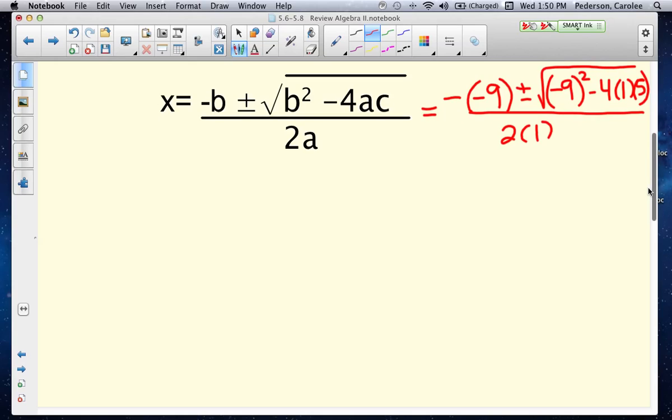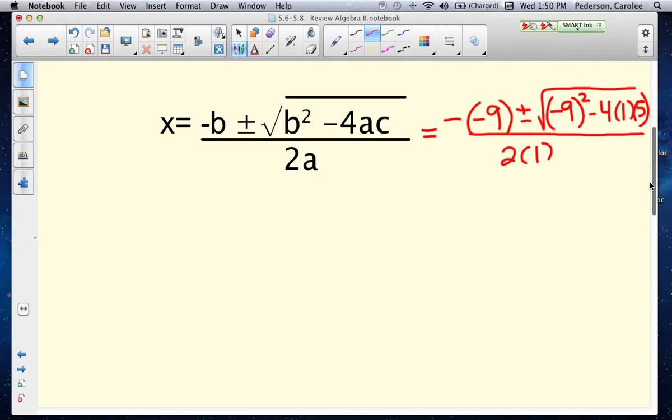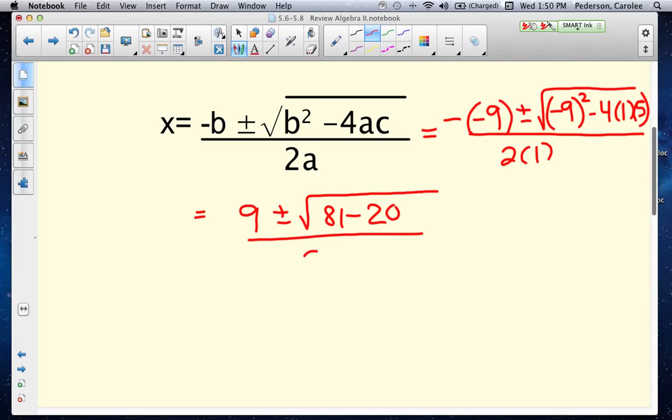Now we start to reduce. Negative 9 becomes 9, plus or minus the square root of 81 minus 20, over 2. Reduce the radical. So you got like 61.